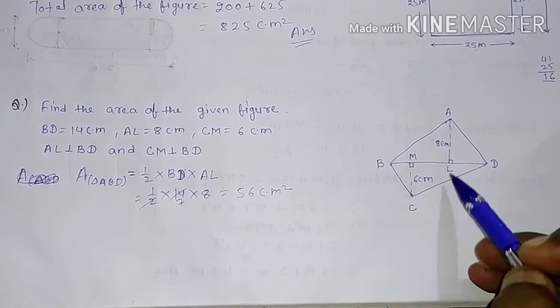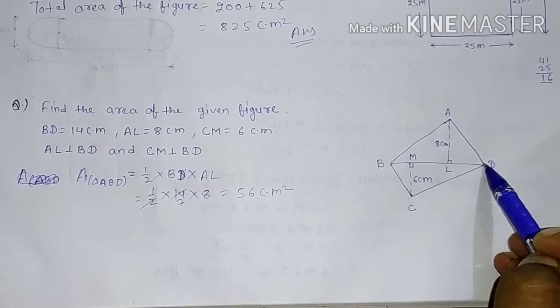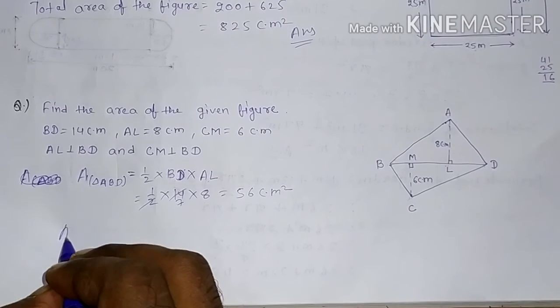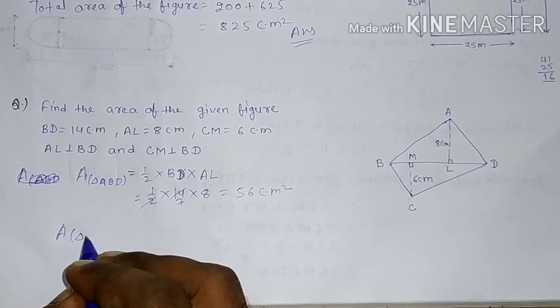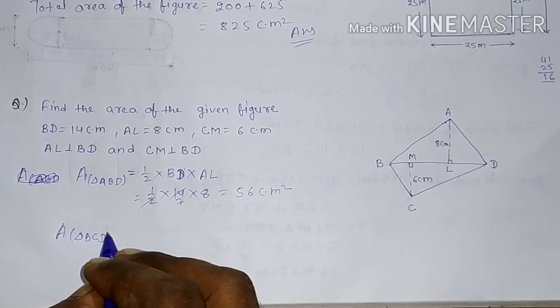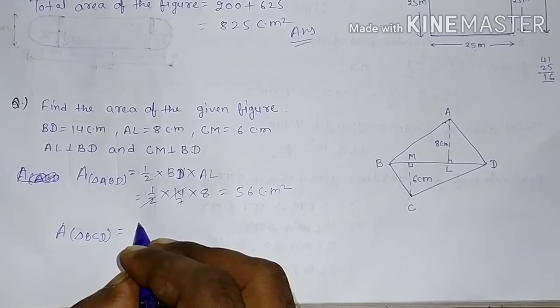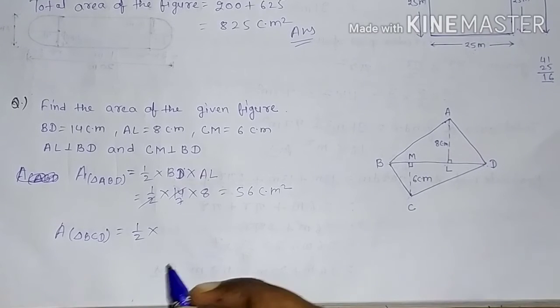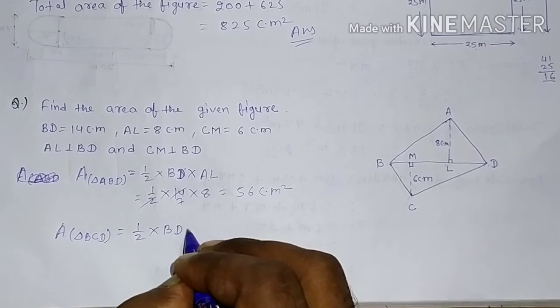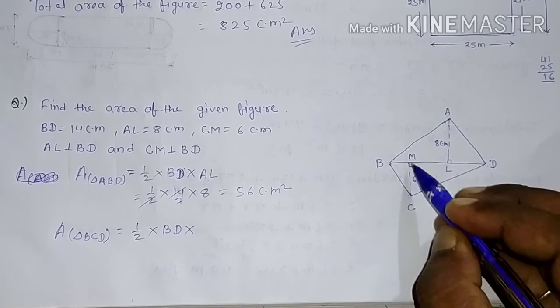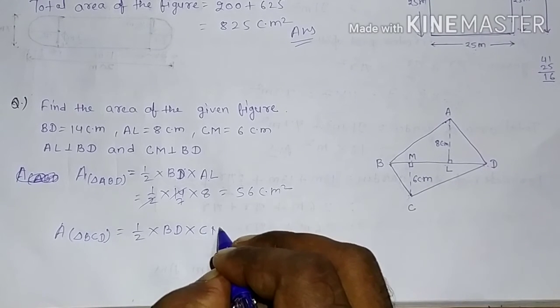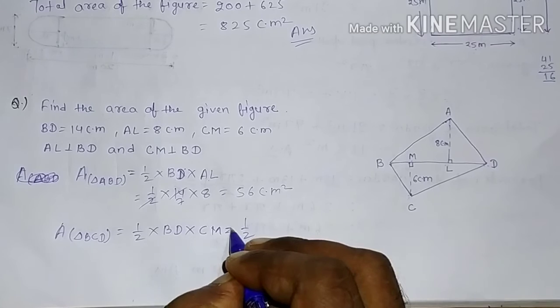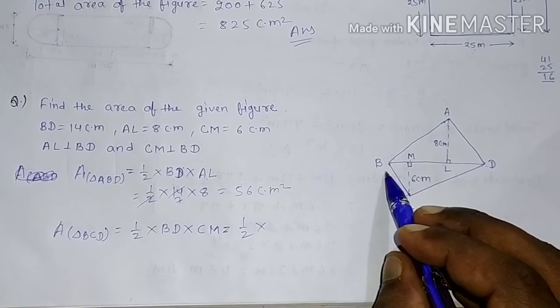Now the lower triangle, that is BCD. So just find the area of triangle BCD. Half into base is given BD into height is given CM. Now just put the value, half into BD is given here.